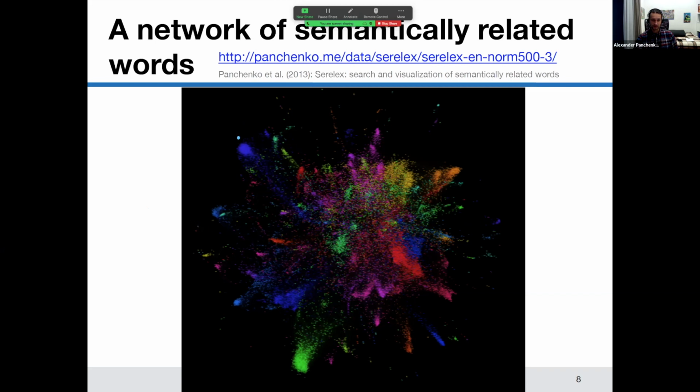Let's say you have a cluster here, and this cluster shows maybe all diseases, or names of cities in the United States, and you see that there is a very tight connection between them. Or maybe this cluster would contain days of the week, or car brands.